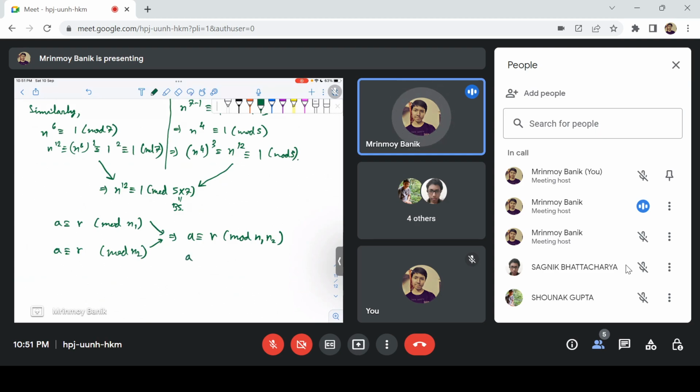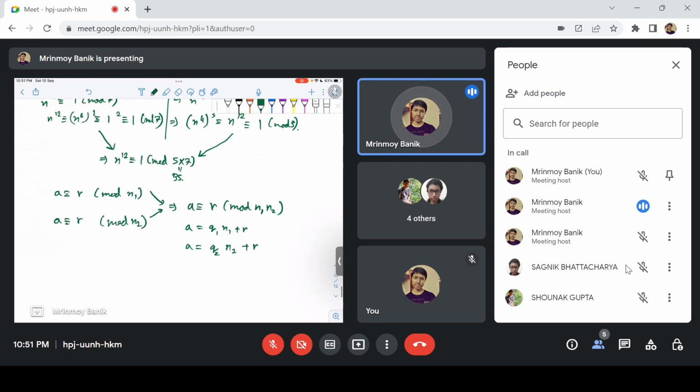The proof is pretty simple. Just write A as Q1 N1 plus R, and also A is equal to Q2 N2 plus R, from the definition of congruence. And now, what can you do? Multiply each one, or substitute. Okay, let me multiply.